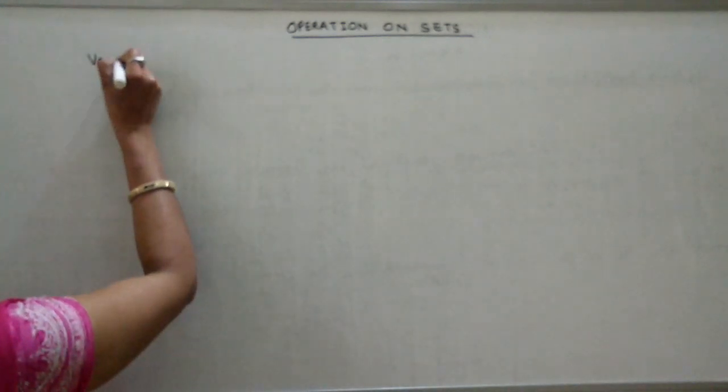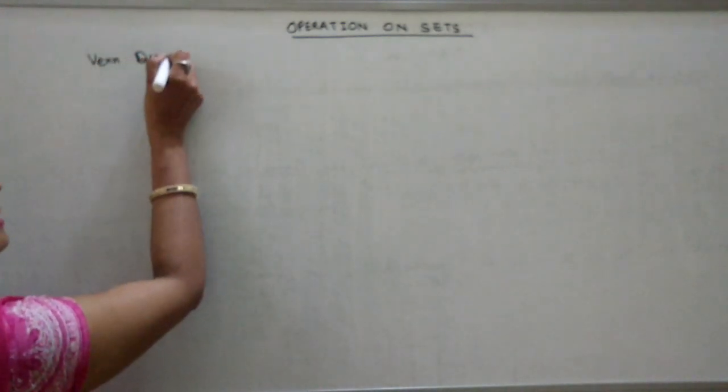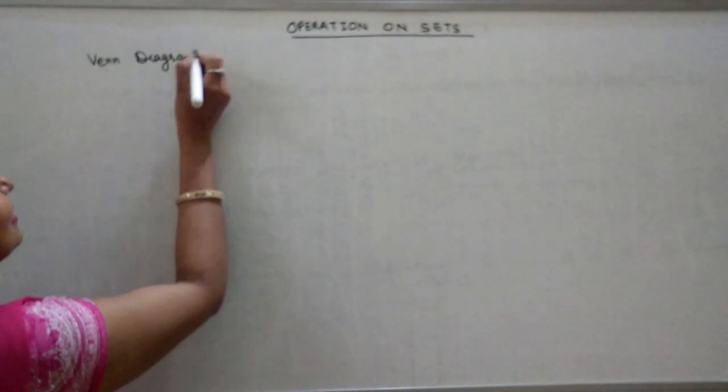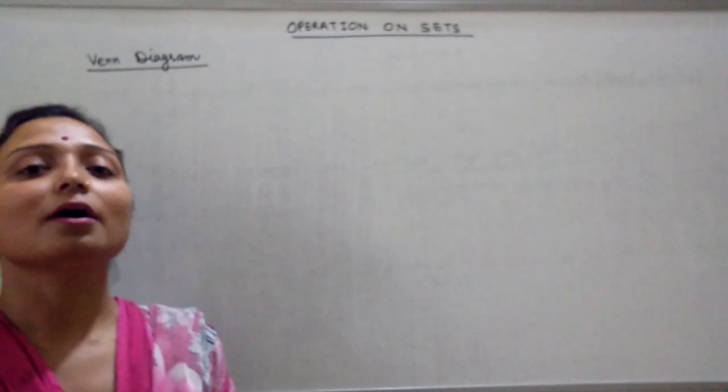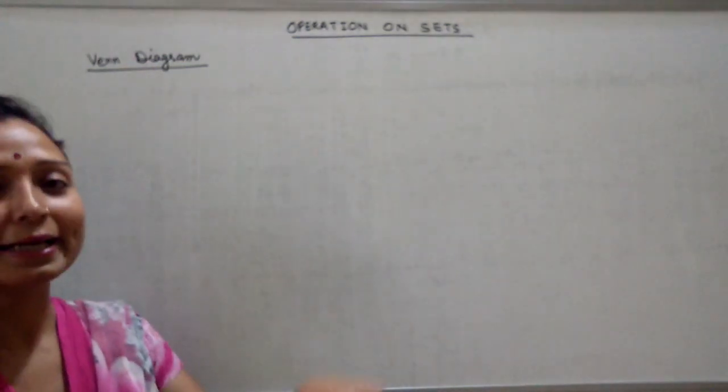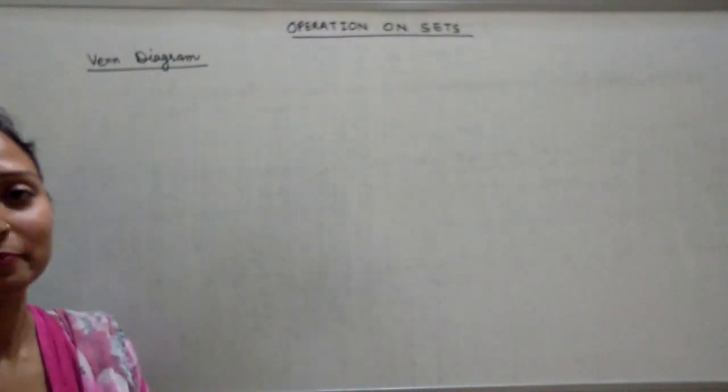What is a Venn diagram? Actually, Venn is a mathematician who gave us the diagrams for sets and subsets. So he gave his name to those diagrams, which are known as Venn diagrams.